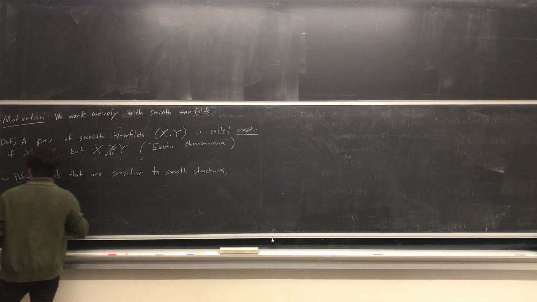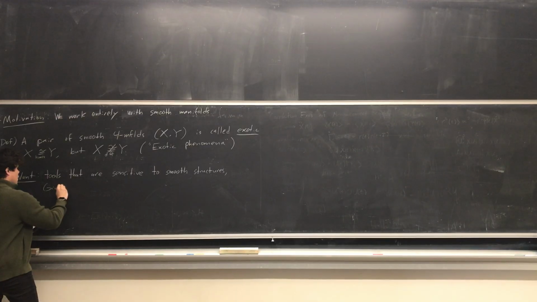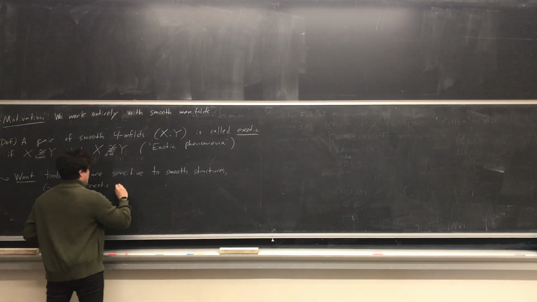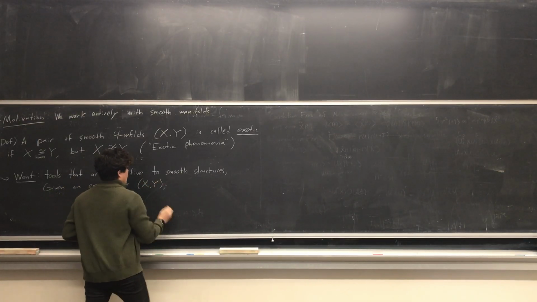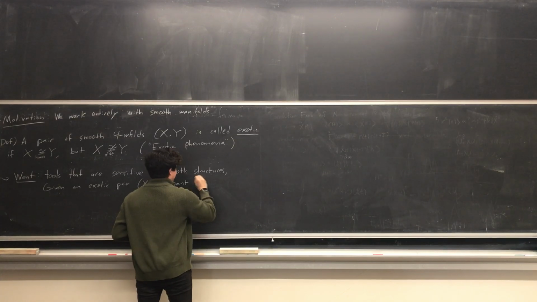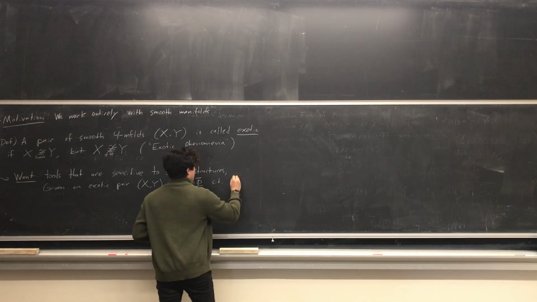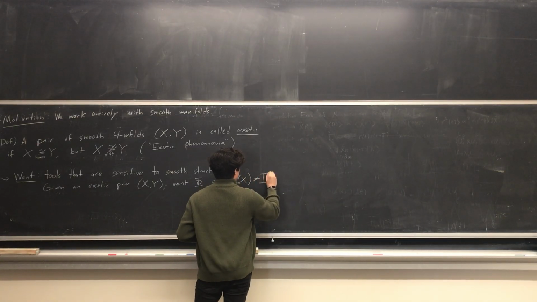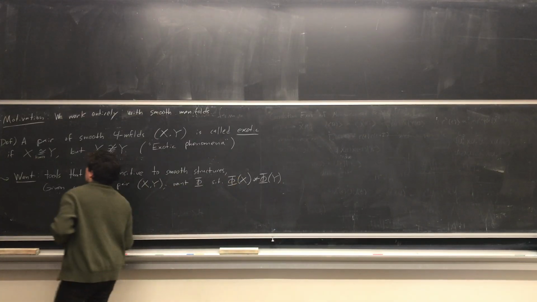In particular, given an exotic pair, we want a smooth four-manifold invariant, some tool phi such that phi of X is not equal to phi of Y.